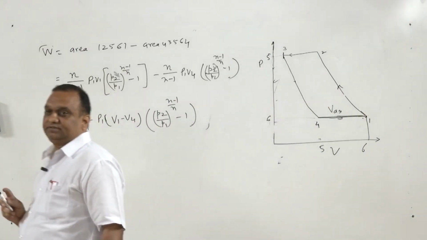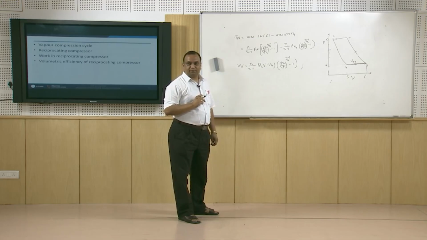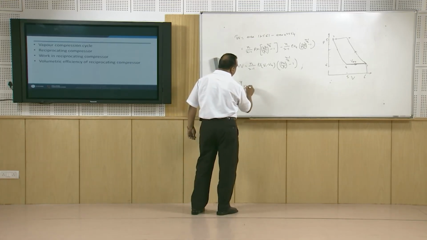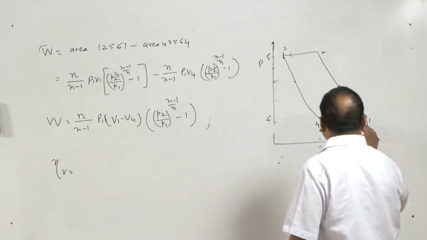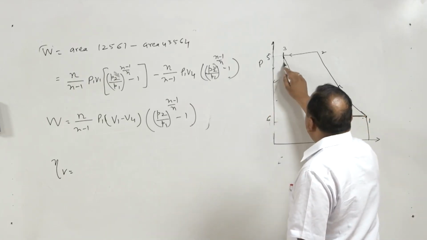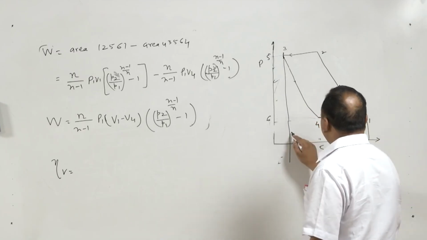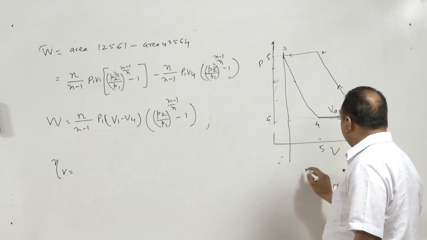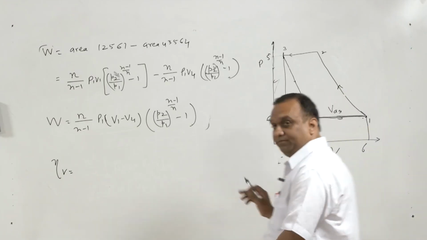Now after this, the volumetric efficiency of the compressor is important. Volumetric efficiency of the compressor is the ratio of the actual mass of the vapor sucked divided by the mass of the vapor corresponding to the swept volume of the compressor, that is Vp.